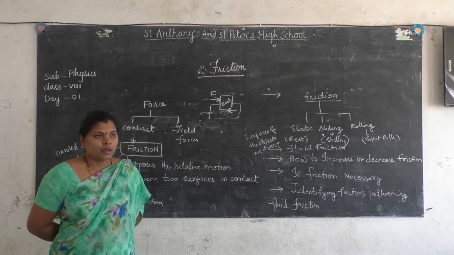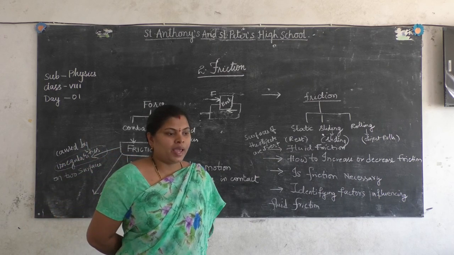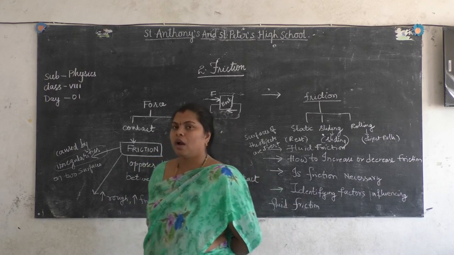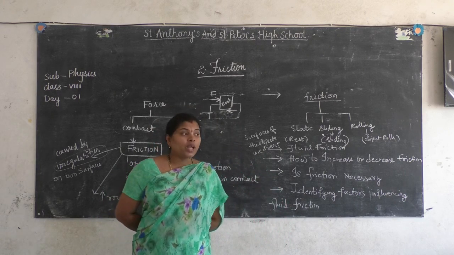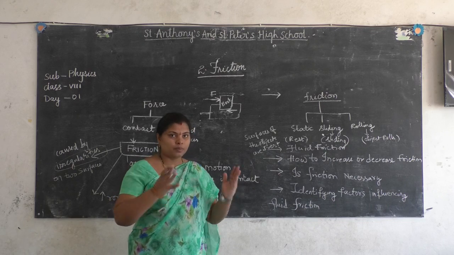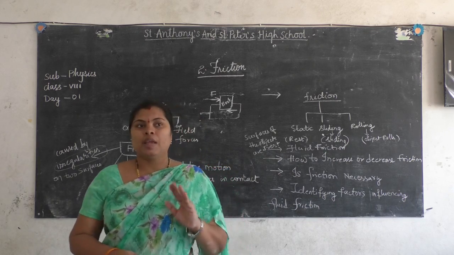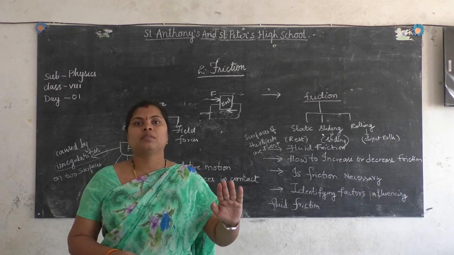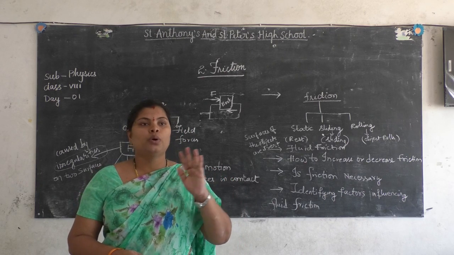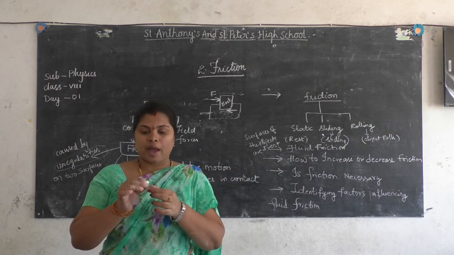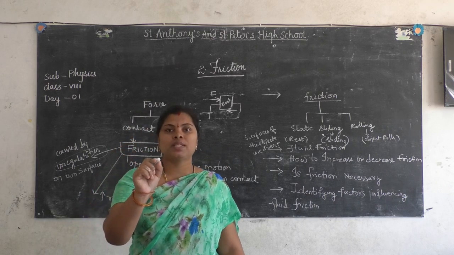See children, now I am able to walk on the ground. We are able to construct buildings. It is all because of friction. If there is no friction, I cannot do anything. I cannot hold a chalk piece in my hand.